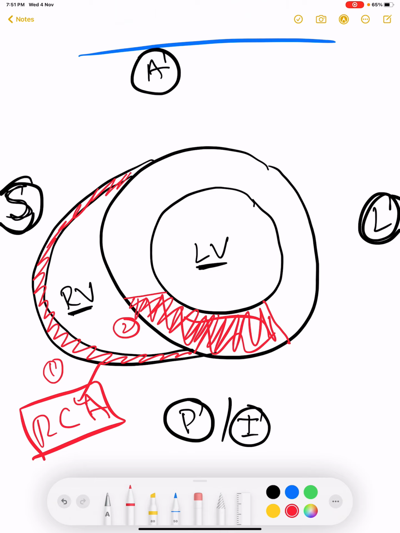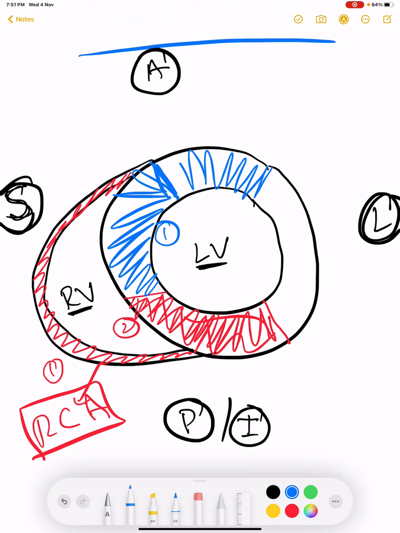Left anterior descending artery will supply the anterior portion of the septum, anterior 2/3, you get my point, and the anterior wall. And the apex, which we are not looking at in this plane, as we are at the midway between the apex and the base of the heart.